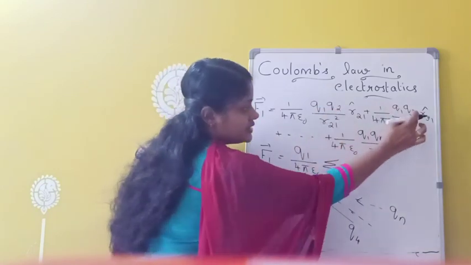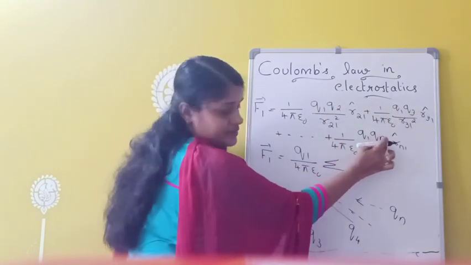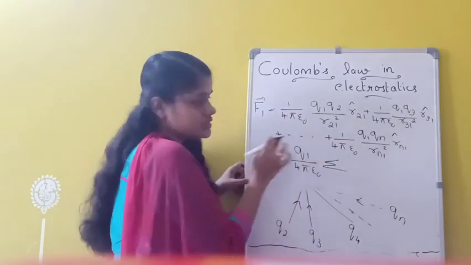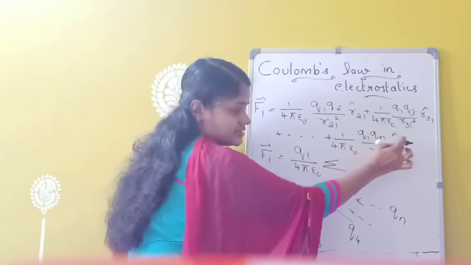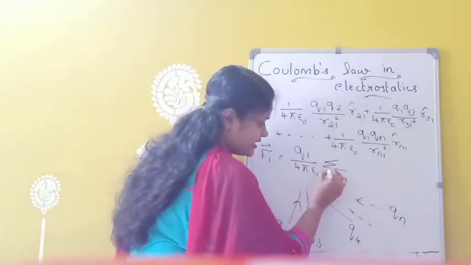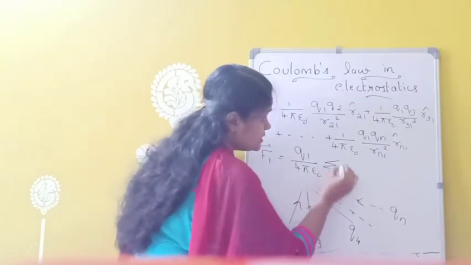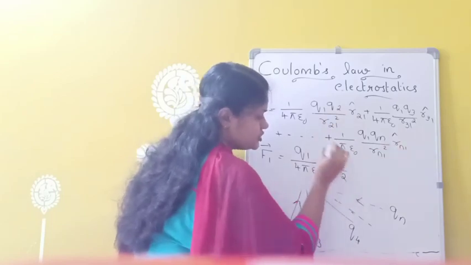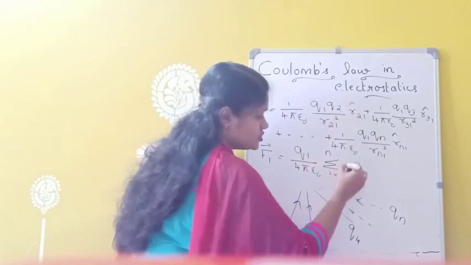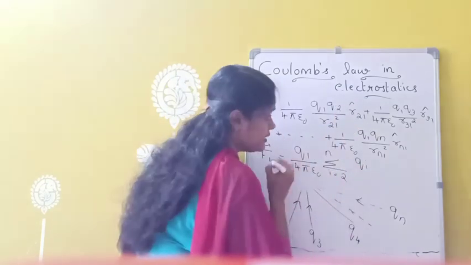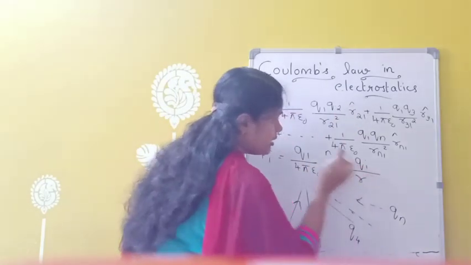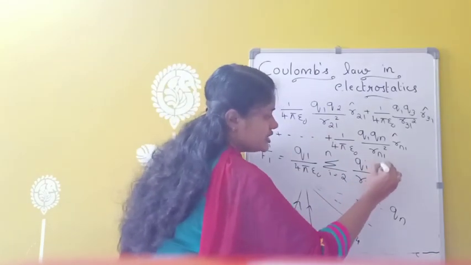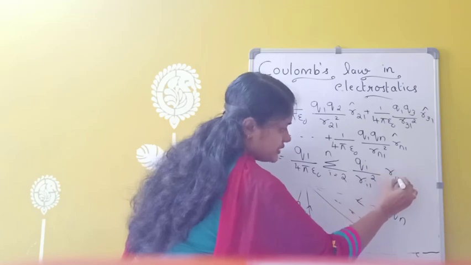Here 2, here 3, etc., going up to n. So we can write i as the variable, i equals 2 to n, and instead of Q2 I am writing Qi divided by Ri1 square into unit vector Ri1.